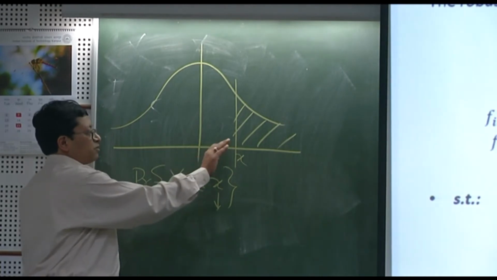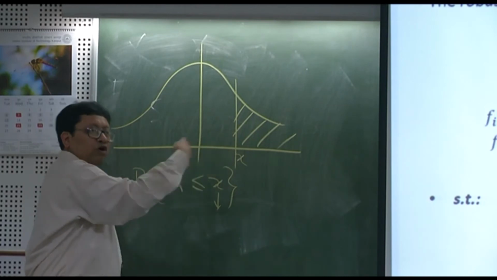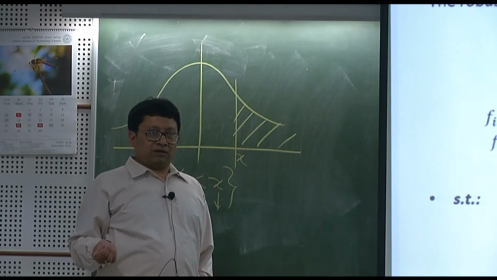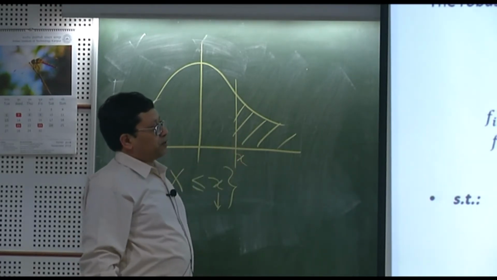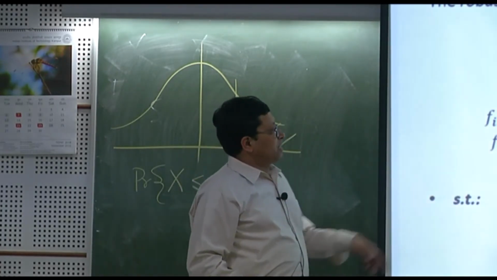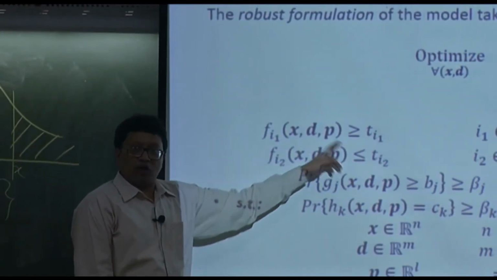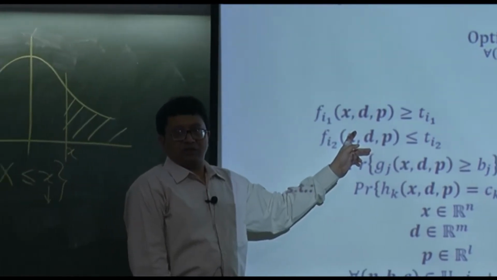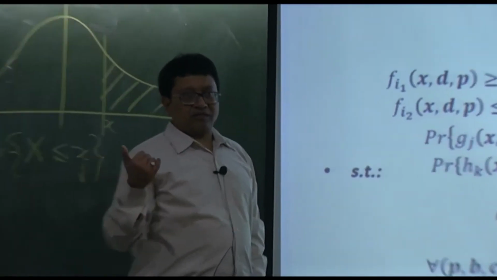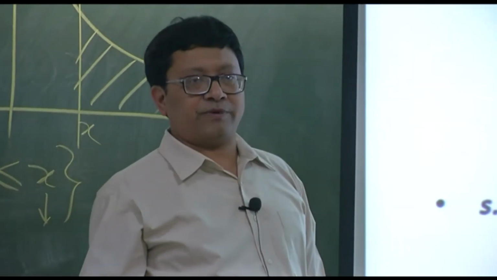If we are maximizing, we try to forcefully push it onto the right such that the overall area covered on the right or the left automatically gets optimized. So when you are trying to optimize T1 based on the fact that the functional value is greater than T1, increasing this also increases this, and decreasing T2 also decreases the second function. So you are taking a fixed value and optimizing such that you push the functional value either to the right or to the left depending on the optimization problem.